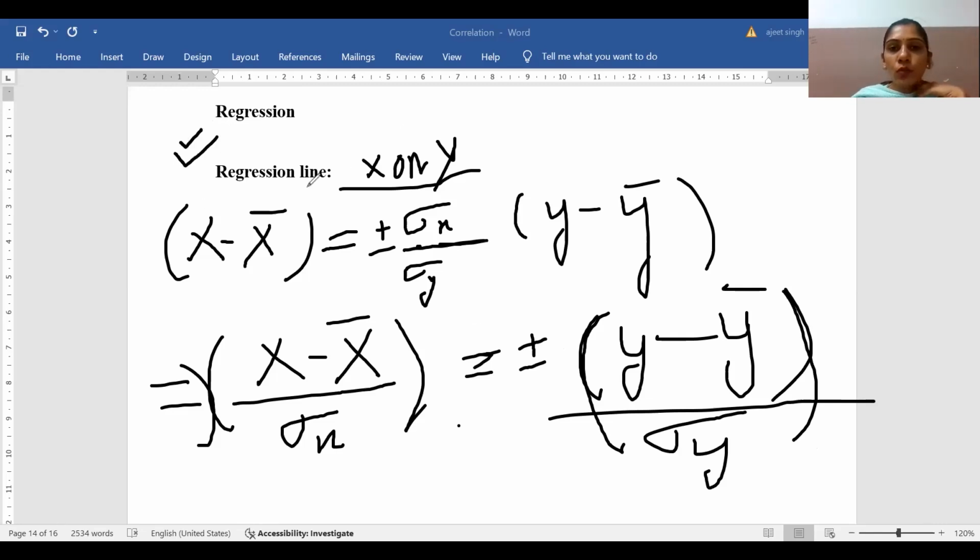Now I hope you all have understood the regression line and its meaning, also the types of regression. Now we will discuss the questions of regression in detail, as the meaning, definition and the regression line are clear. Now we will start with the question part.